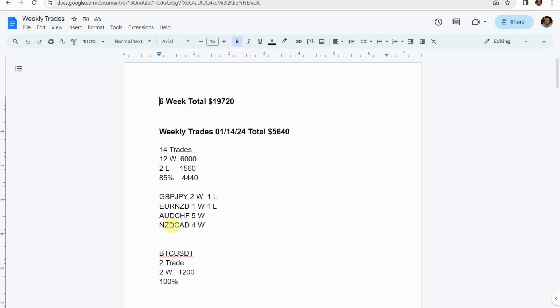Let's go ahead and go over the trades for the week, or the signals. And so these are the signals from these 4 Forex pairs using the Academy of Forex indicator and this one crypto coin. And so this is on the 30-minute time frame. And on the Forex pairs this week, we had 14 trades altogether, 12 winning trades, 2 losing trades, puts us at an 85% win rate, a gain of $4,440.